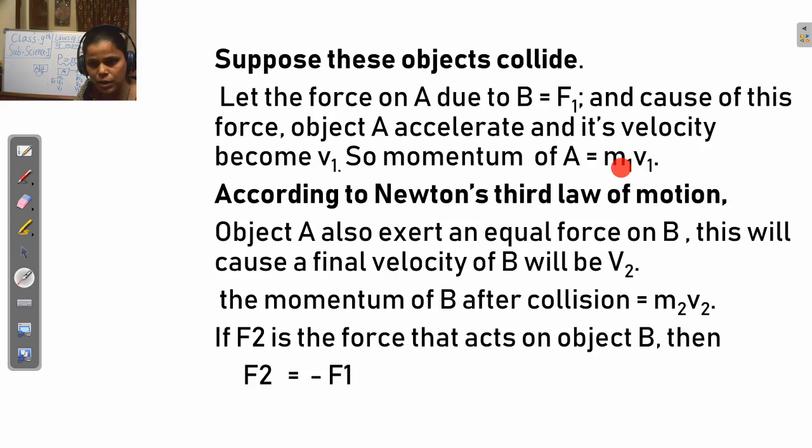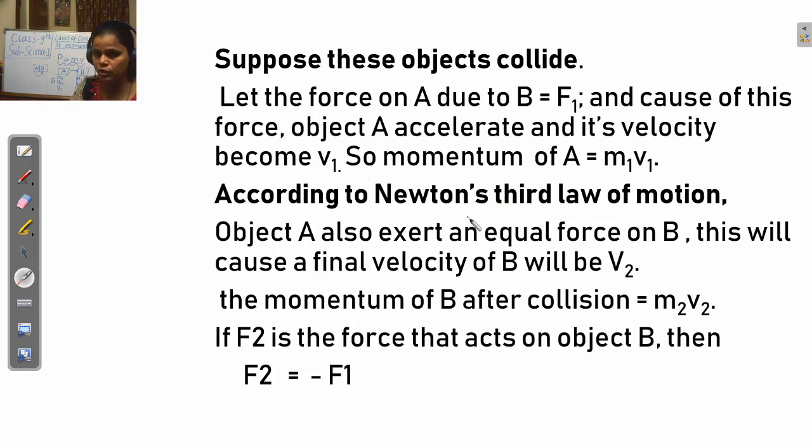So m1 is the mass of the object, because mass is not changed. So m1 v1, because after collision the velocity of object A is v1. I hope you understood, student.